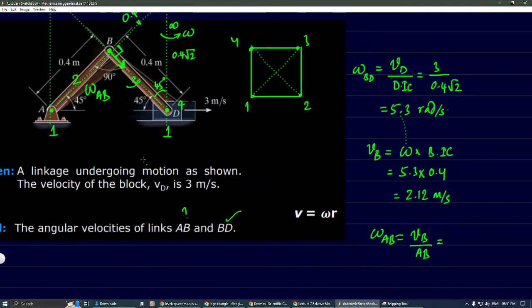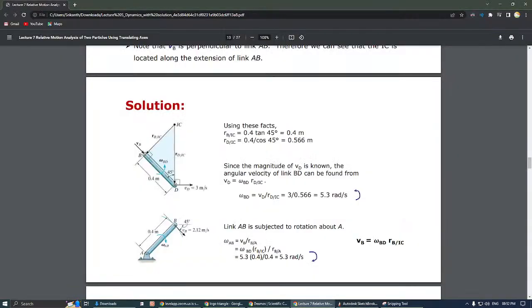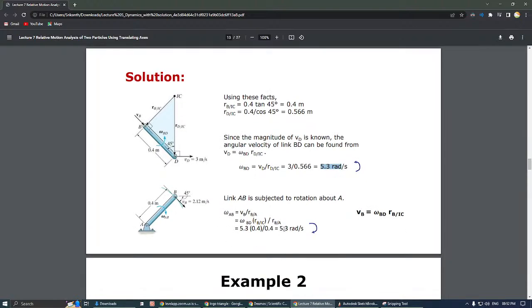Yes, because here it is perpendicular now. Because it is perpendicular, we can directly take it with this. So VB is 2.12 divided by AB length is 0.4. So what do we get? 5.3 radians per second. Okay, angular velocity of BD is 5.3, angular velocity of AB is again the same.